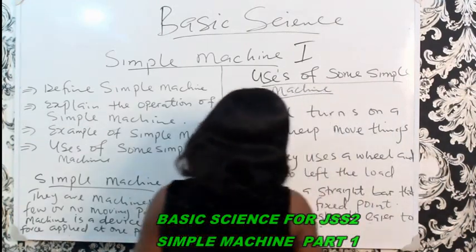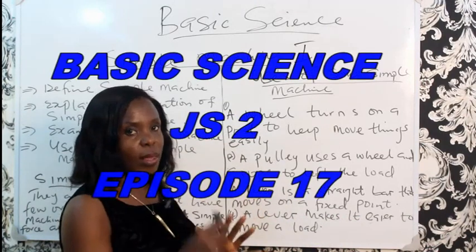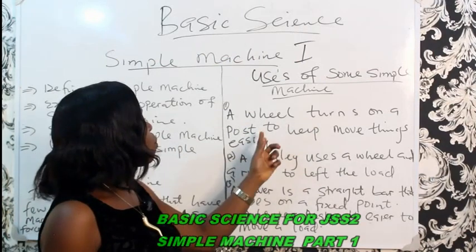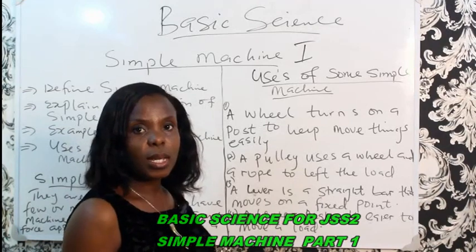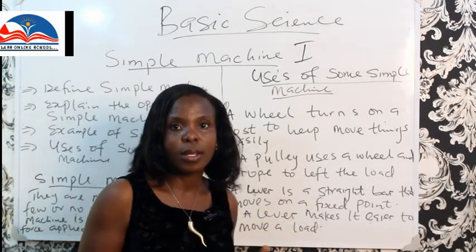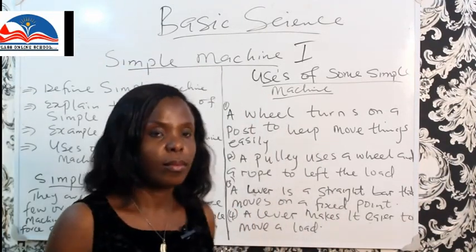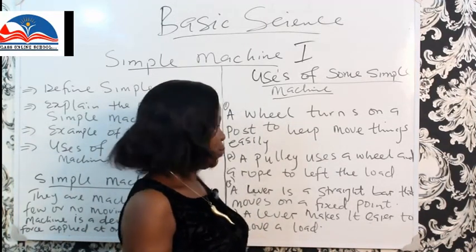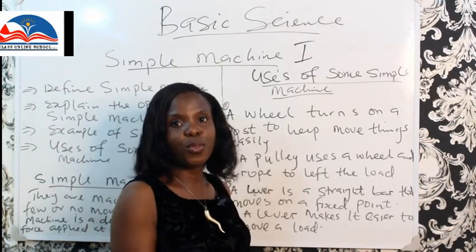I'm going to look at the wheel, the puller, the lever. Let me look at these 3 simple machines. The wheel turns on a post to help move things easily. Your wheelbarrow, when it moves, it helps you carry heavy load and move it very easily. We've seen how the wheelbarrow can help us move things easily.